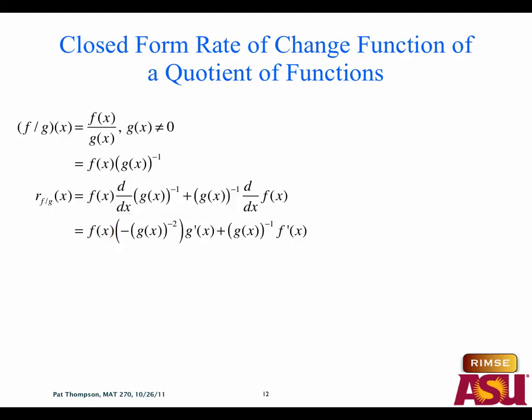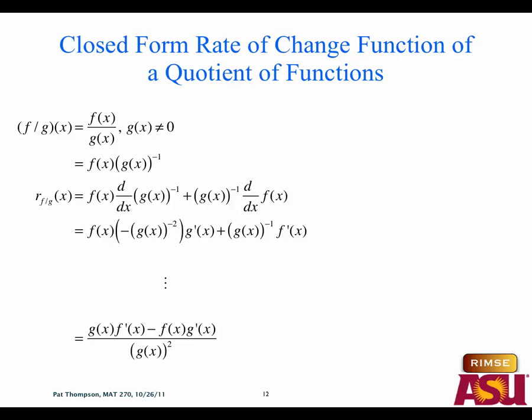Okay, we're not going to take the time to do the guts of the rest of it, so I'm just going to tell you what happens. There are about two or three steps of algebra in between that take us to this final form. If you're interested, come to office hours and I'm happy to work through that.